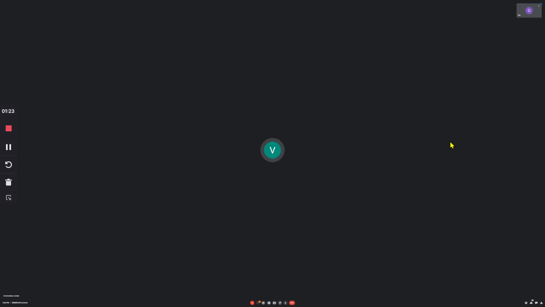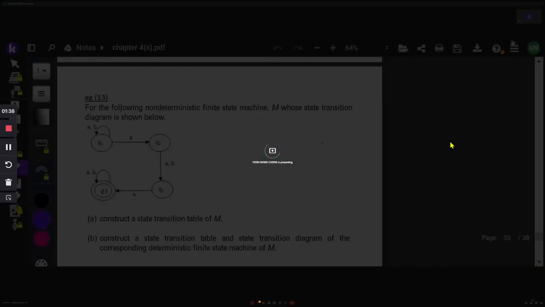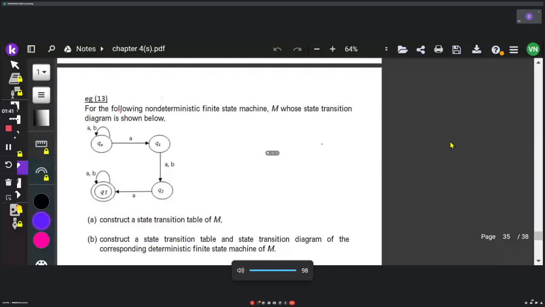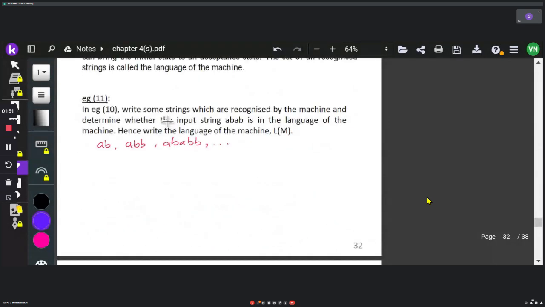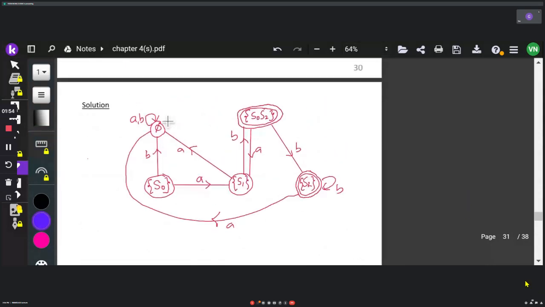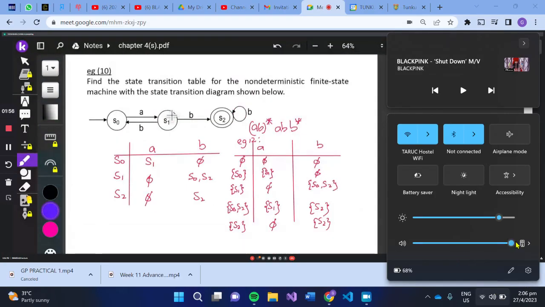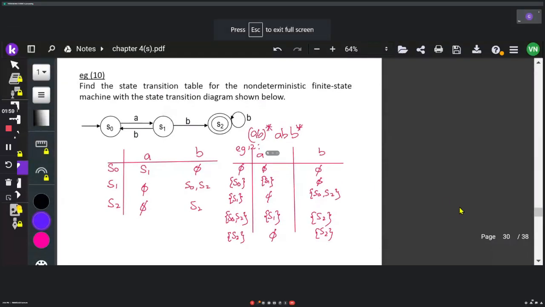When did we have our lecture? Yesterday, right? Yesterday we went through our chapter 4. Let me show the screen now. We have done the example for the state transition function for the deterministic finite state machine. This one, right? No, this is the non-deterministic.